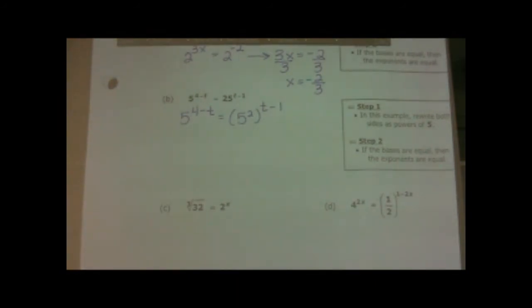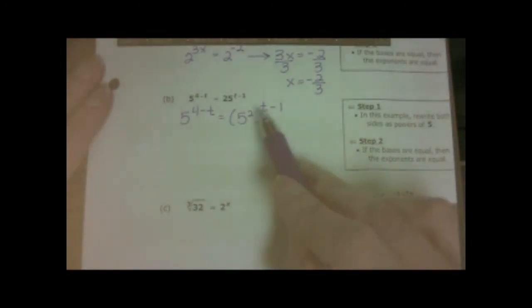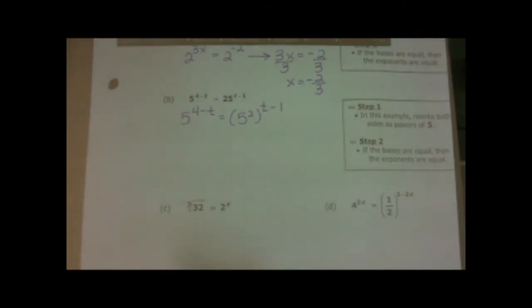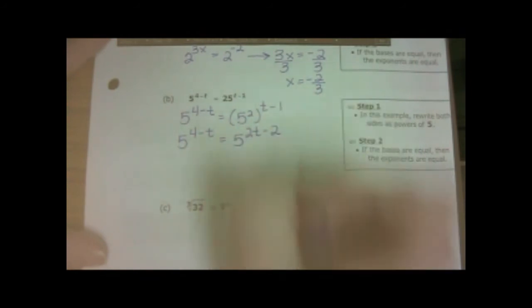Now I'm going to use my power rule, which allows me to multiply these two powers. Notice, when I do that, I have to distribute that 2. So here's what I'll have. 5 to the 4 minus t power equals 5 to the 2t minus 2 power.